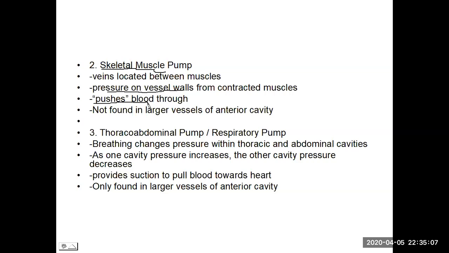So any activity of your arms and legs, any type of exercise, moving around, and even simply muscle tone, a general degree of contraction in your muscles, aids in circulation.